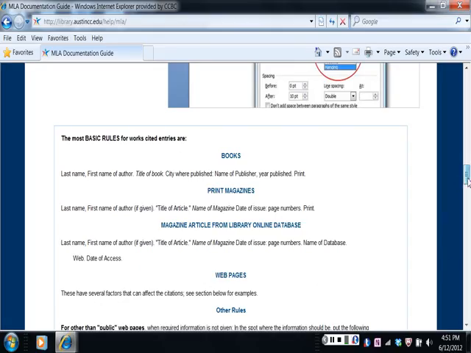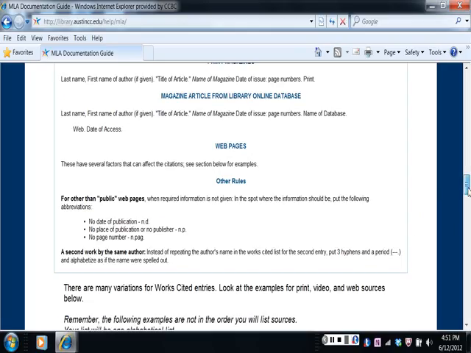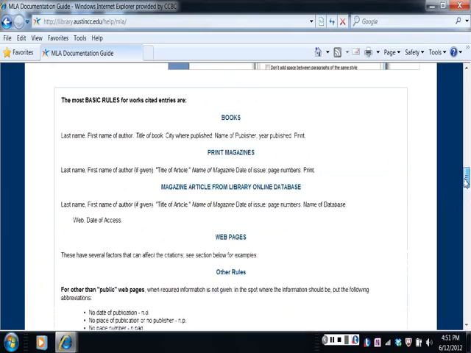And web pages, they give you other different possibilities. It's usually the same way, except that you probably won't have a database. If there's an author, you put it, the title of the web page, and then the date of the web page if there is one, and the date of access.